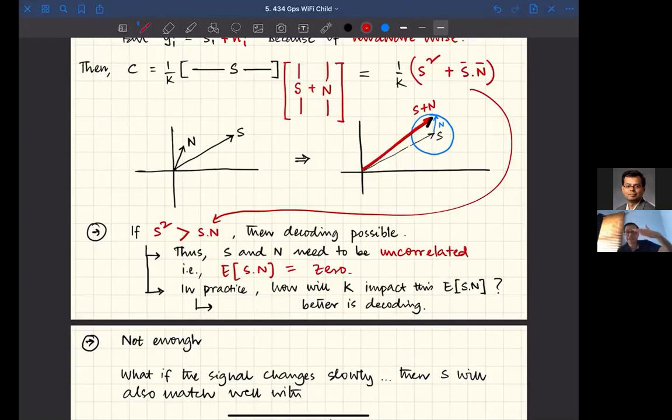The S vector dot product with the N vector in expectation, although noise is random, so it's not like one deterministic vector, it can come in many directions, but in expectation that should be 0, and this correlation value should be 0 so that the S squared value dominates this signal. The S squared value dominates in this correlation.